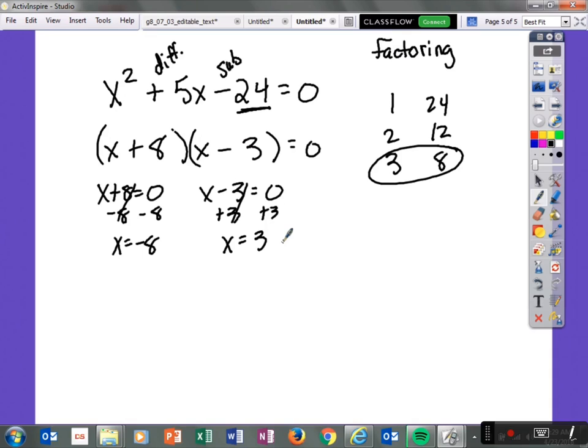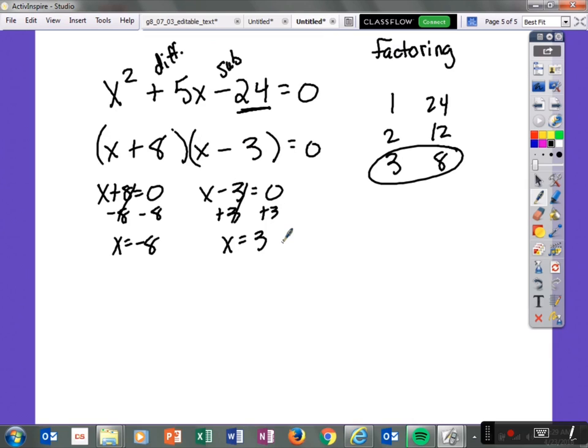Order doesn't matter here. If you'd gotten x equals 3 first and then x equals -8 second, that's fine. You still got 3 and -8. It would have been wrong if you'd gotten -3 and +8 though. So the signs matter, but not the order. That's the last factoring one we're gonna do.